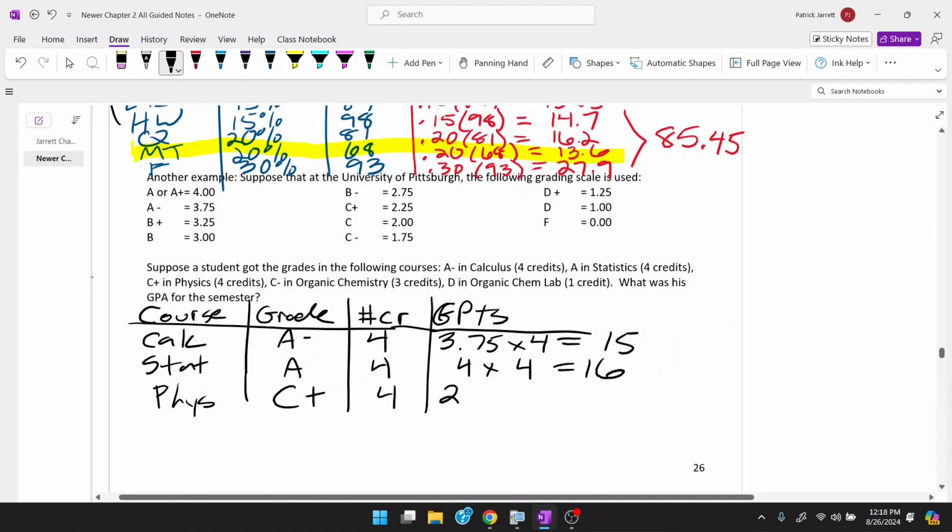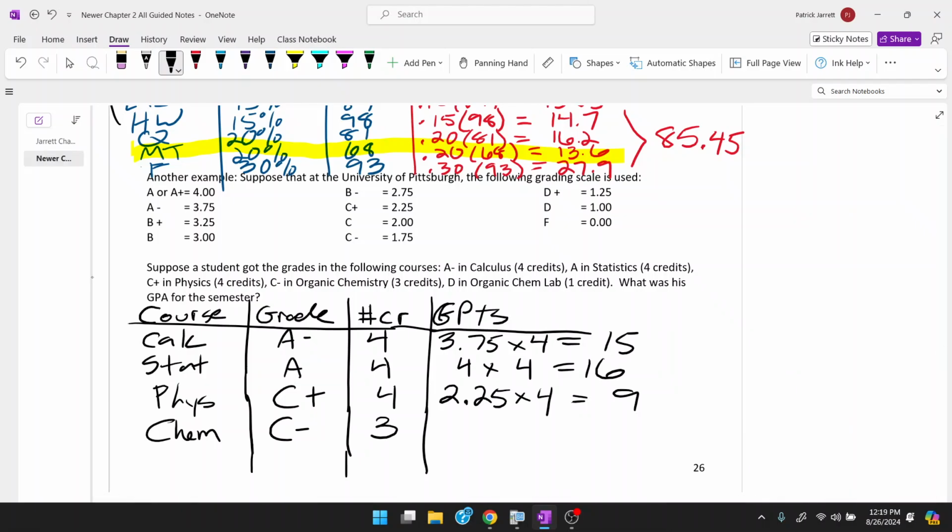So a C plus is 2 1/4, and that's 9 points. Now, chemistry, C minus. Pitt did chemistry. They do chemistry as a separate course and a lab. That's just the way their department worked.